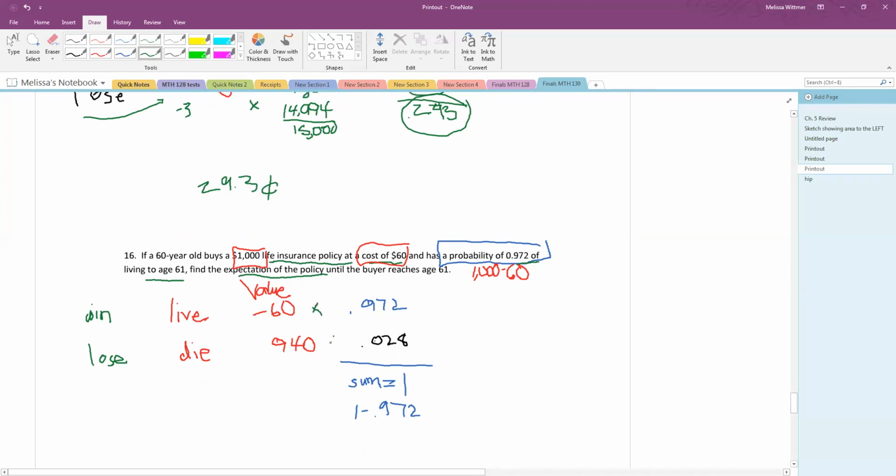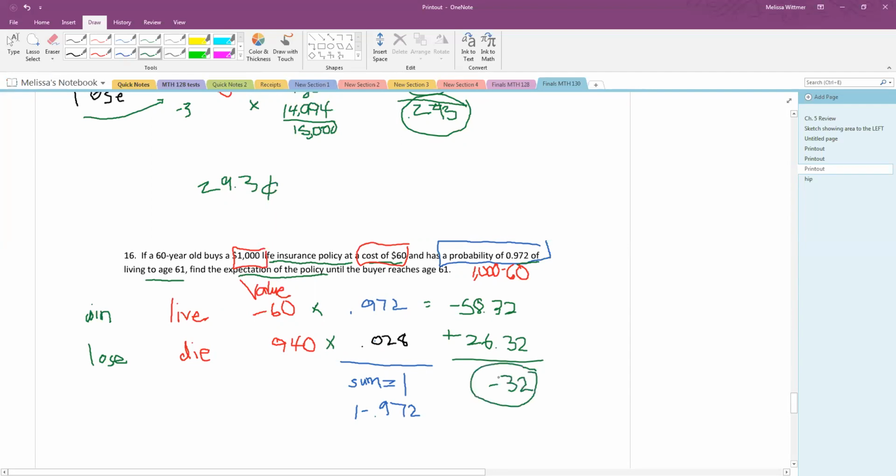Multiply straight across. So -60 times 0.972 is equal to -58.32. And then 940 times 0.028 is 26.32. That's positive. And then you add together to find the expected value of the policy. So this is negative, and it equals -32.